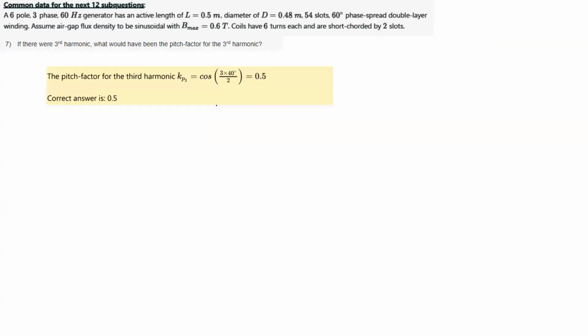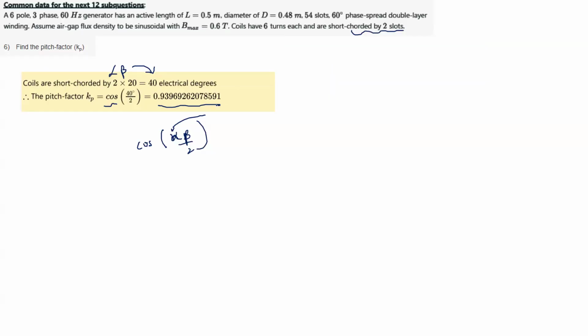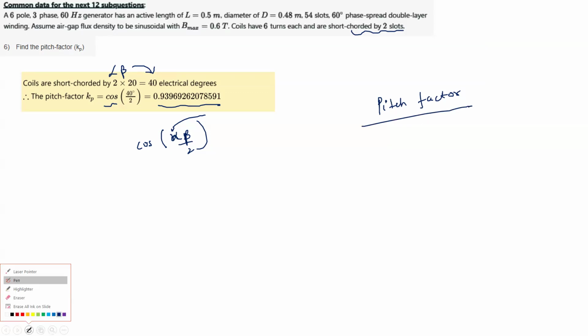Now, the pitch factor for the third harmonic. You will see that in his lecture sir has discussed some things. You can just go through that lecture, but I'm just writing it down here because I think that much derivation is not required. You just need to remember these formulas. According to me, it has some explanation, a little bit of concept, but theory questions will not come out of it.